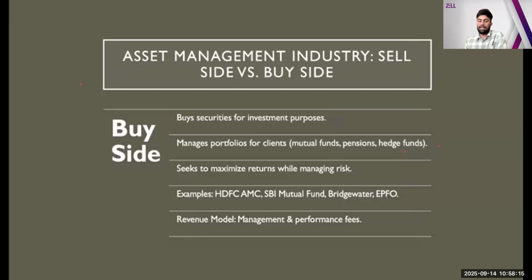Let's say, for example, if I am representing the sell side of an IB company, I am working in the research division. We will publish a research report through a brokerage firm, and we tell people to recommend Infosys with a target price of, let's say, 1,800 to 1,850. Now what is the buy side doing?